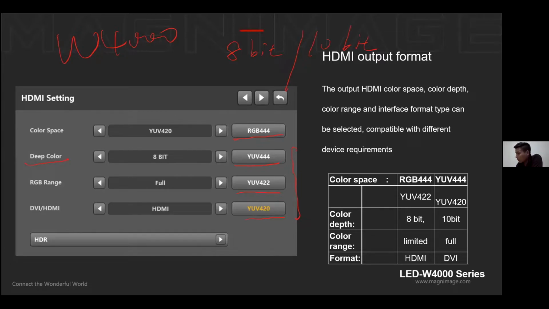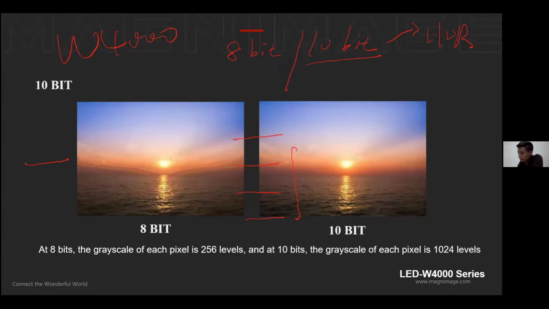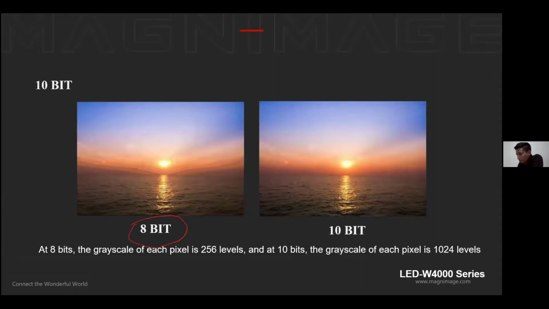If you want to use 10-bit, that means HDR. Here is the 10-bit and 8-bit difference. You can see the picture in 8-bit. So you can see the effect like here. It's not clear. Sometimes it looks terrible, but if you use 10-bit from the processor, you can see here the color and the brightness range is bigger.